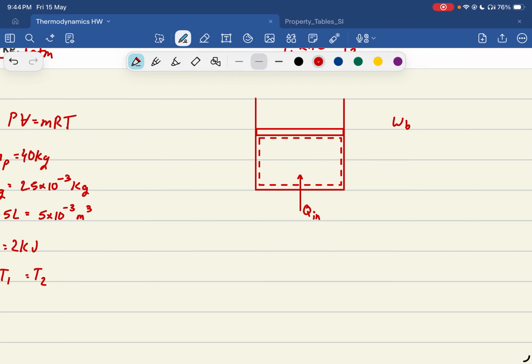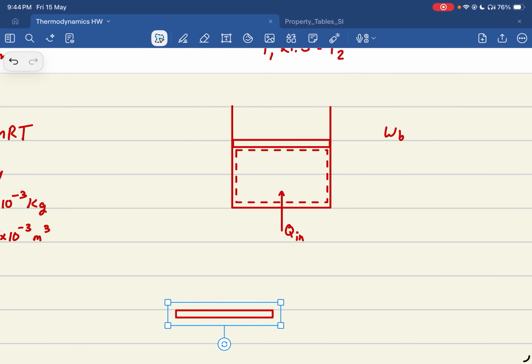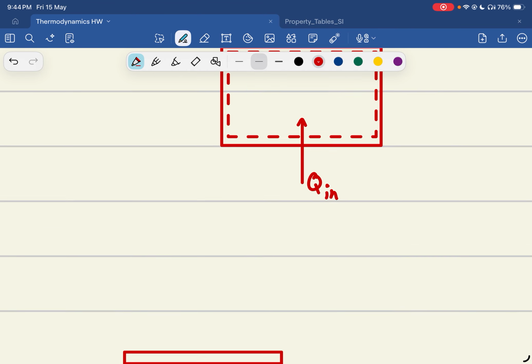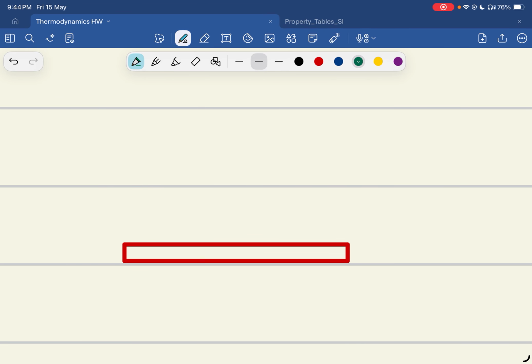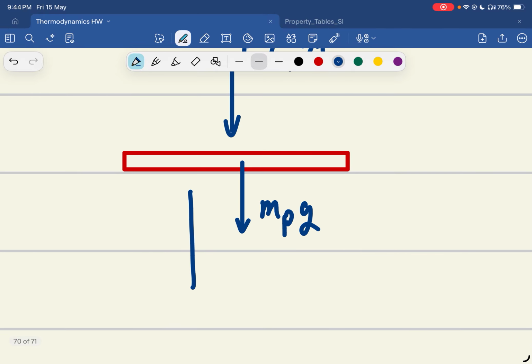So what we want to do is a free body diagram of the piston. So from here, we have both the pressure of the atmosphere, P atmosphere, times area, and then we have the weight of the piston, and then we have the pressure inside times the area.